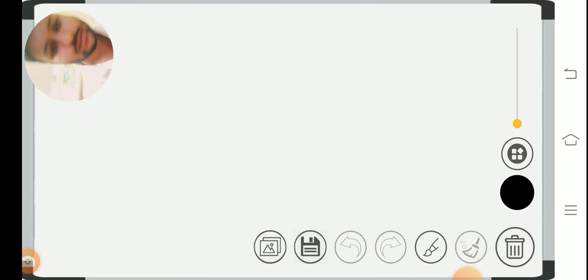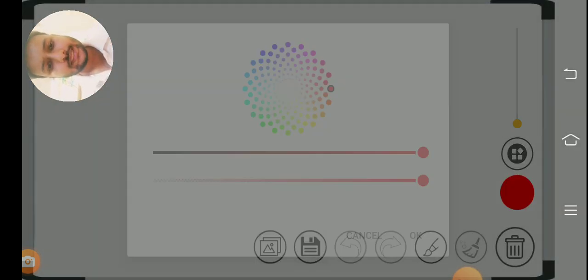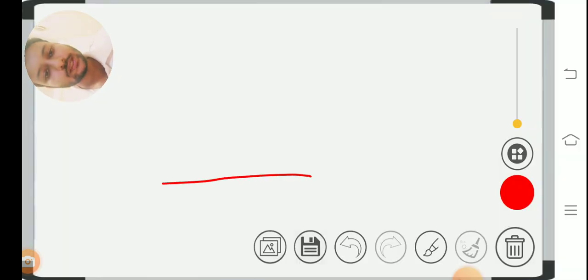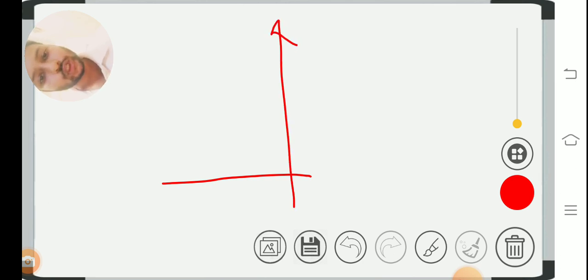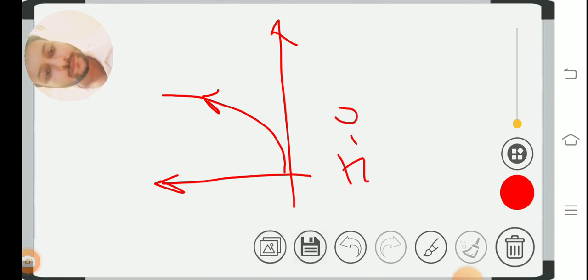So we could easily see that the graph for exponential growth of population goes like this. So this curve is known as J curve.